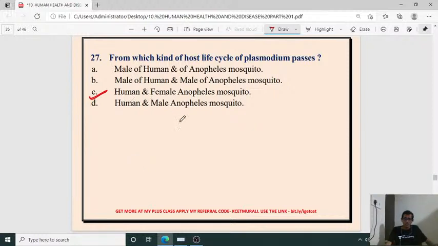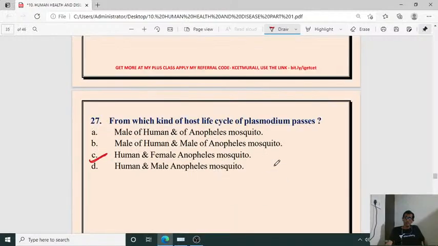One is human liver and blood, and the Anopheles female mosquito gut, and later it will be stored in the salivary apparatus, and it will escape from that salivary apparatus when this female mosquito bites a healthy person. So that Plasmodium part is going to enter the healthy person.